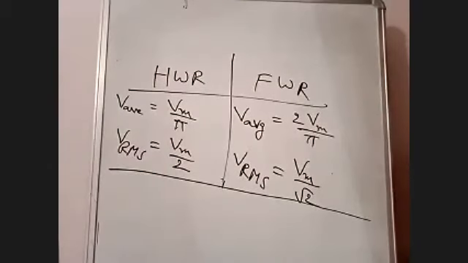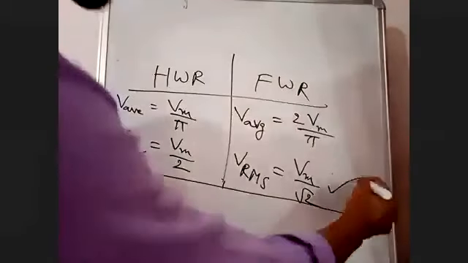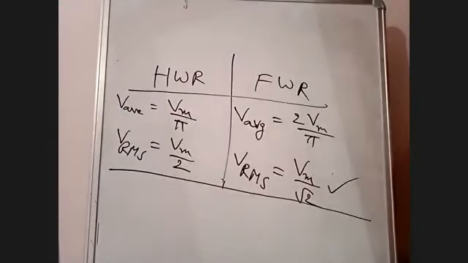So we have derived these formulas for the half wave rectifier and full wave rectifier. But you have to remember only this formula: Vrms is equal to Vm by root 2, because we'll use this formula in the problems. This formula is sufficient if you remember.